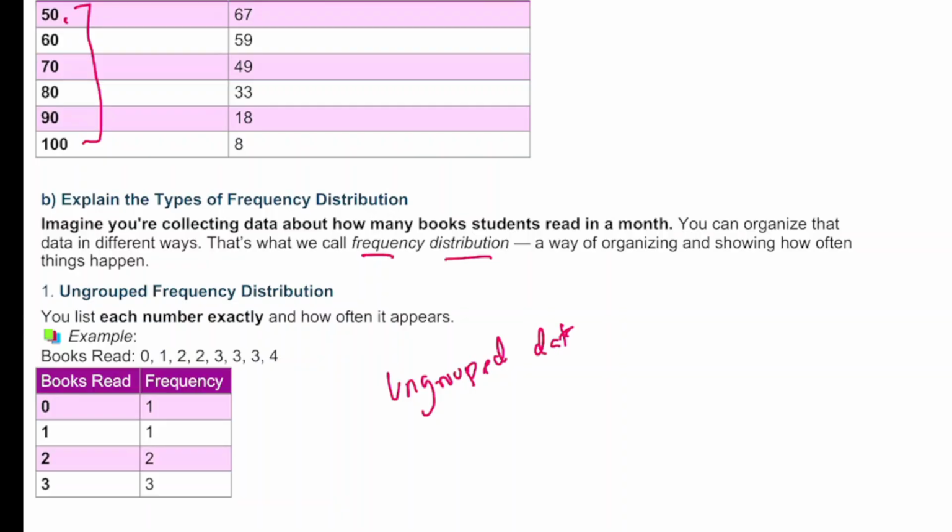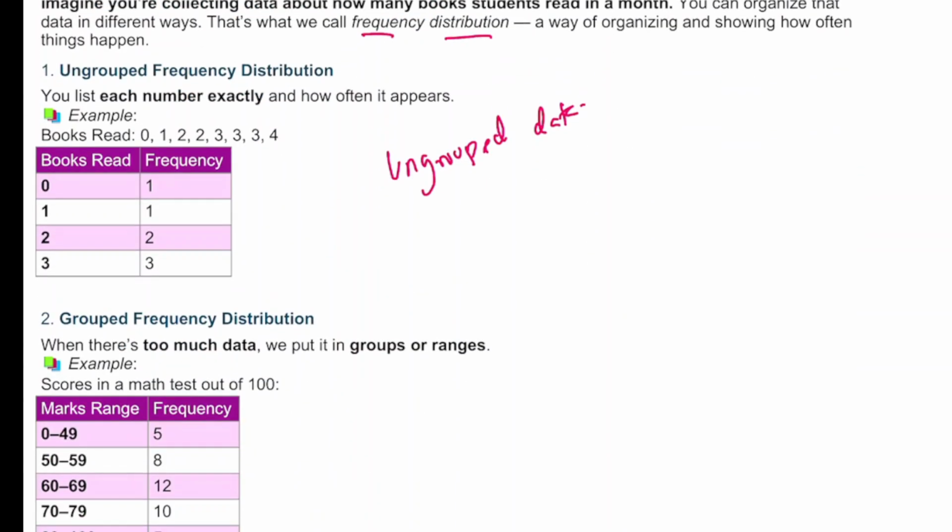The next one is grouped data. We were dealing with the other question, which is a classic example of grouped data. It has ranges: 0 to 49, 50 to 59, 60 to 69, like this you are seeing in that class.